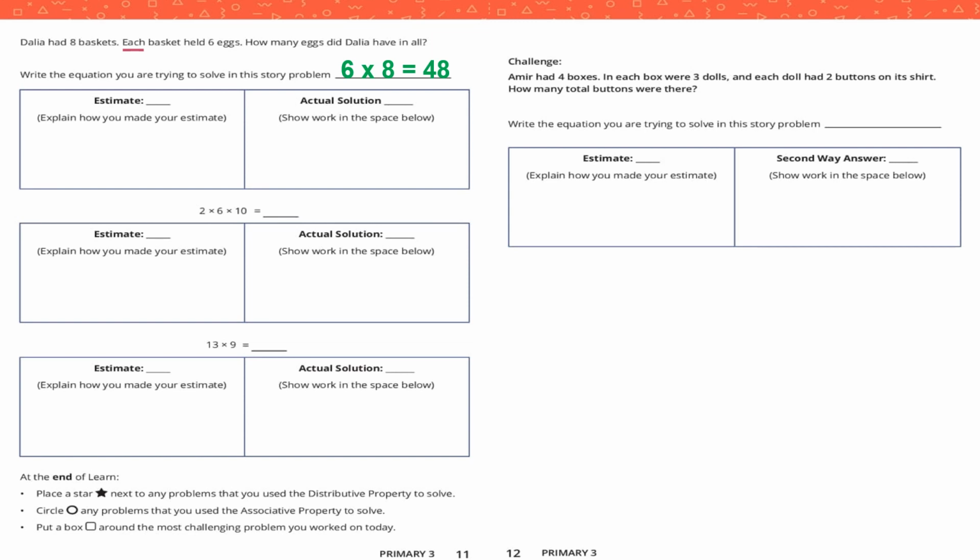So 48 eggs. Okay. The next question, 2 times 6 times 10. I have here 3 factors, so I will use the associative property.